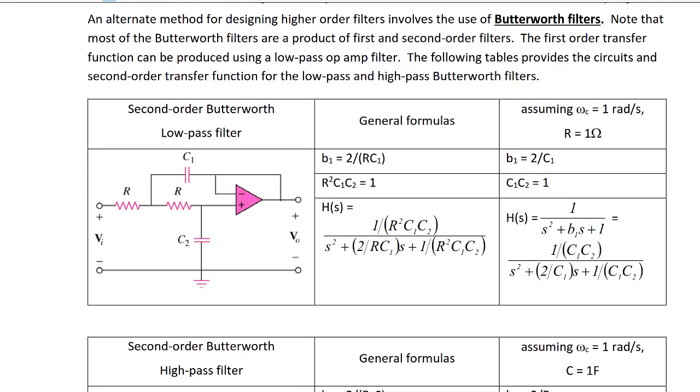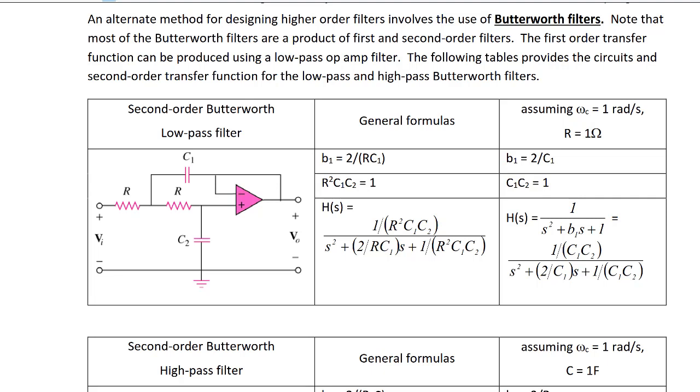So this table has a second order Butterworth low pass filter that has 2 resistors and 2 capacitors, and the general formulas are B1 is equal to 2 over RC1, and R squared C1 C2 is equal to 1, and the transfer function is (1 over R squared C1 C2) over S squared plus 2 over RC1 S plus 1 over R squared C1 C2.